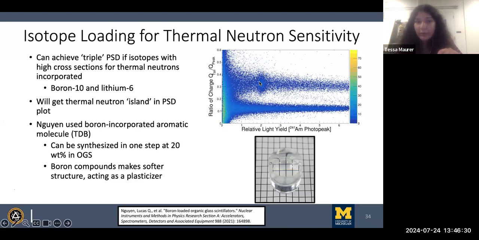That represents thermal neutrons. This work specifically used boron-10. Another cool aside is that they found the boron-incorporated aromatic molecule they used, specifically TDB, acted as a plasticizer a little bit too, so it made it softer and easier to work with.